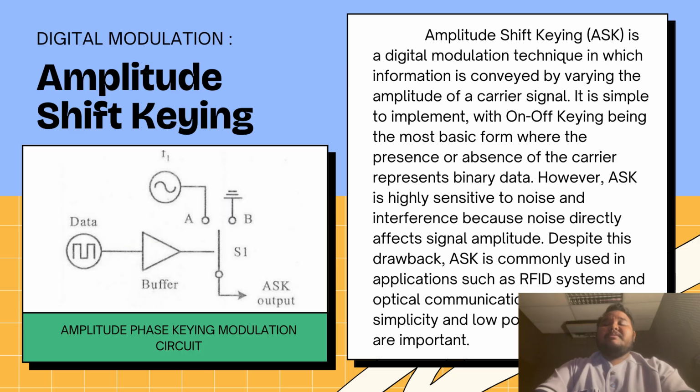It is simple to implement, with on-off keying being the most basic form, where the presence or absence of the carrier represents binary data. However, ASK is highly sensitive to noise and interference because noise directly affects signal amplitude. Despite this drawback, ASK is commonly used in applications such as RFID system and optical communication links, where simplicity and low power consumption are important.